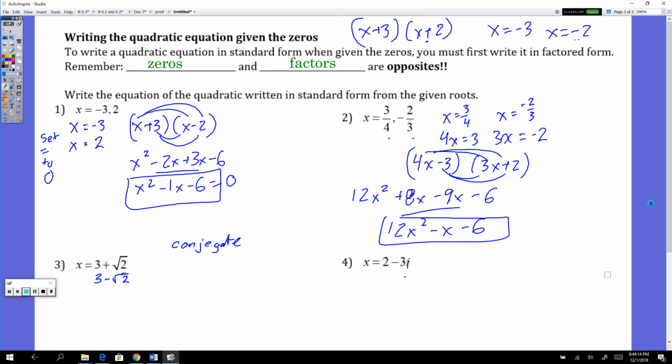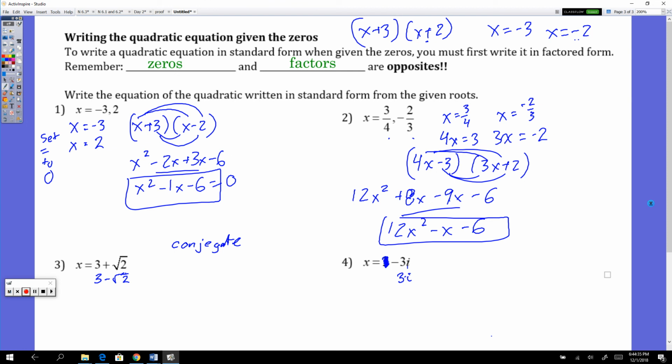I'm actually going to change this problem to, instead of being 2 minus 3i, I'm just going to make it -3i. So then it's understood that 3i is also a solution there. So for this problem here, keep in mind we're basically just setting these equal to x and then subtracting everything over.